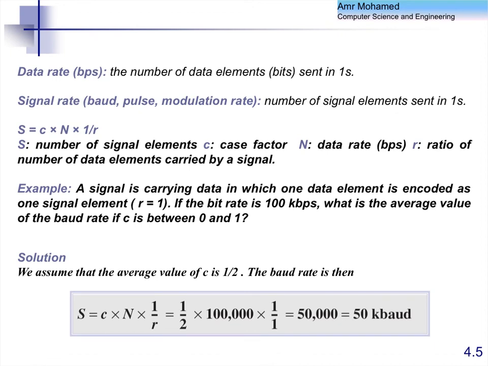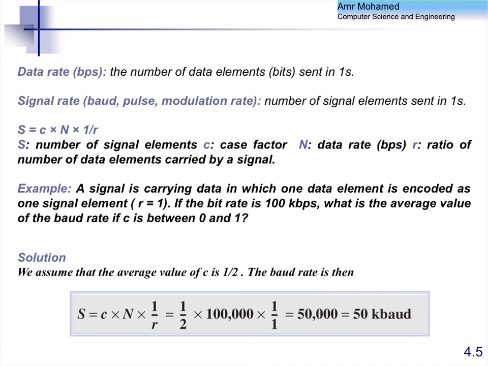So the baud rate gives you, as I said, a direct relationship between this baud rate and the bandwidth of the signal. Because again, this baud rate measures the changes in the digital signal that we can use to represent the data elements.